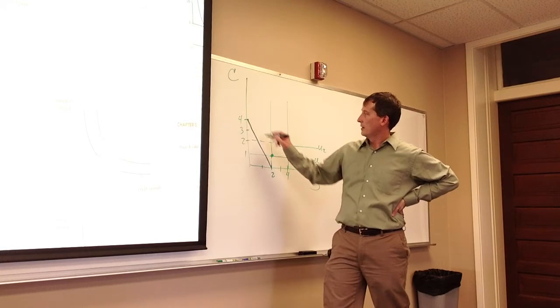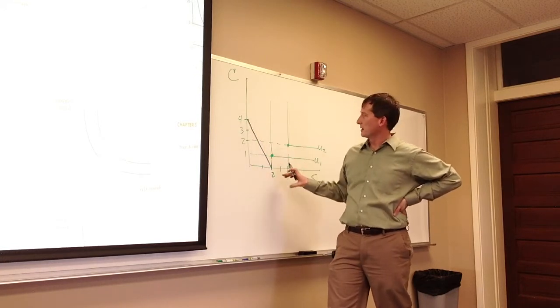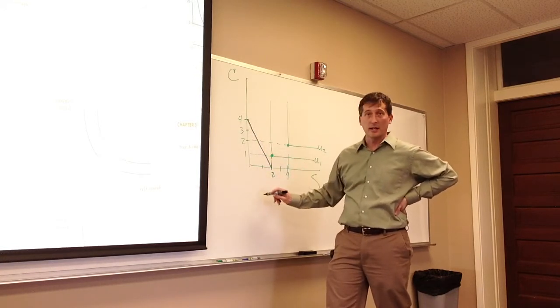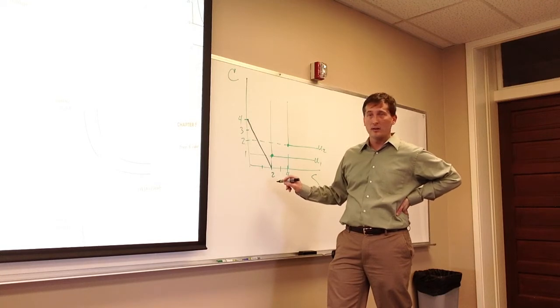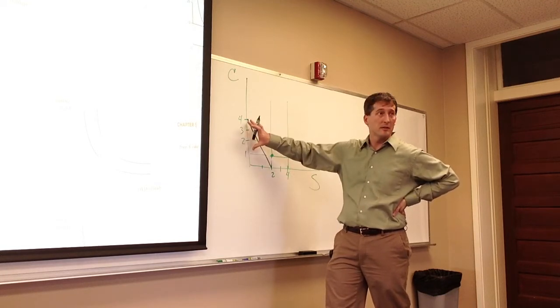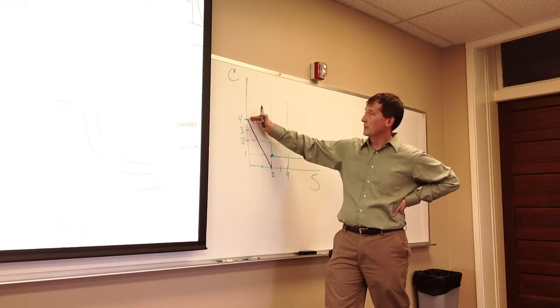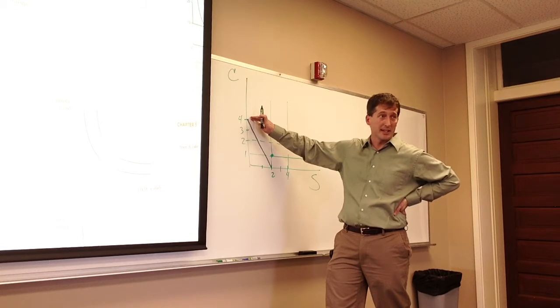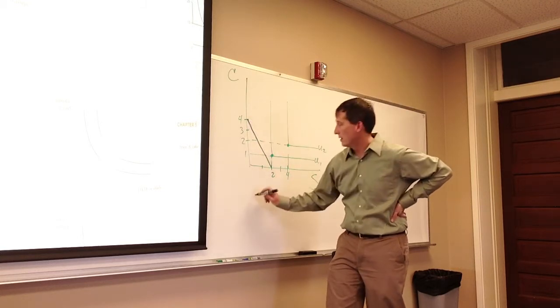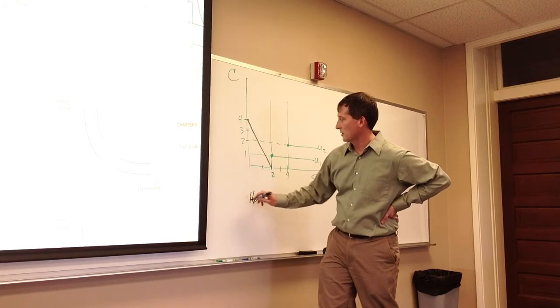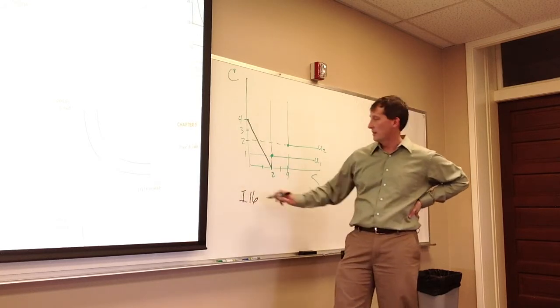So what's my income related to this? How'd you get that? 4 times. So we have 4 units times, how much is it per bottle? 4 per bottle, so $16 worth of spending, right?